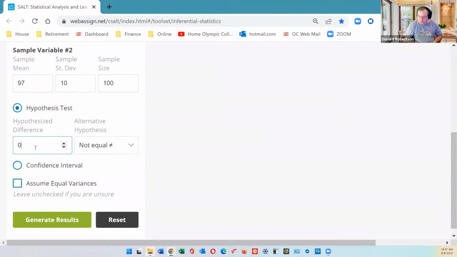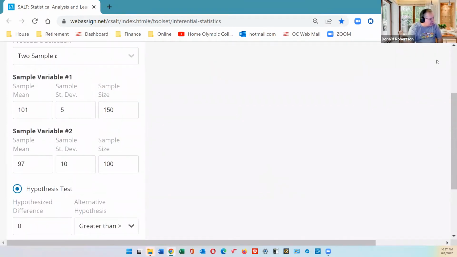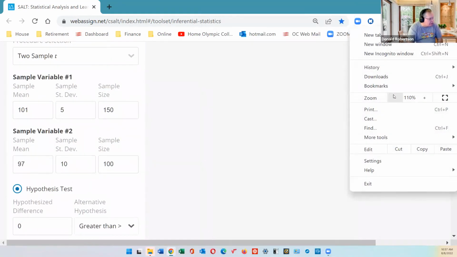Our difference is always going to be 0 because that's the only case we're going to deal with. But you can imagine in the future, it could be not only that you're bigger, you're at least 10 years bigger, that kind of thing. You could put 10 in there if you wanted, but we're always going to use 0. And in this case, we're trying to prove that it's greater than, the first guy bigger than the second. Any gut feelings? Do you think that's going to be significant or not?